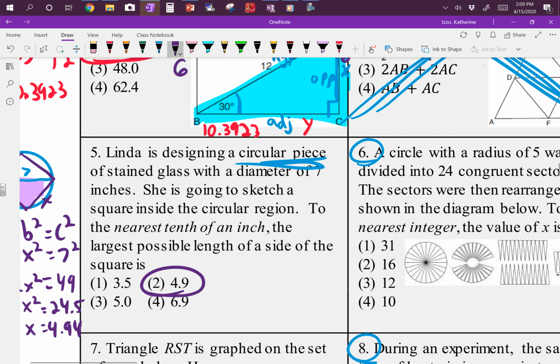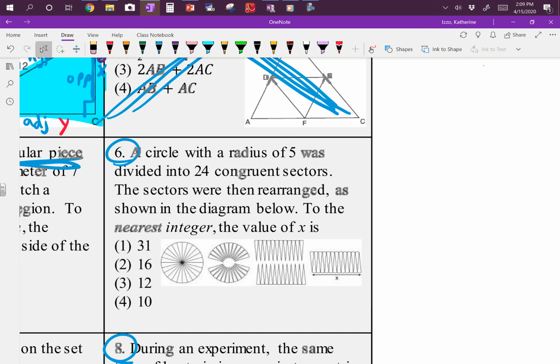Okay. Number 6. Number 6 was again in our notes packet. If we take a look at what's happening here, I want to find x. Well, x is just this piece, which corresponds to this piece, which corresponds to this piece. So really, they're doing a fancy way of asking me what is half of the circumference.